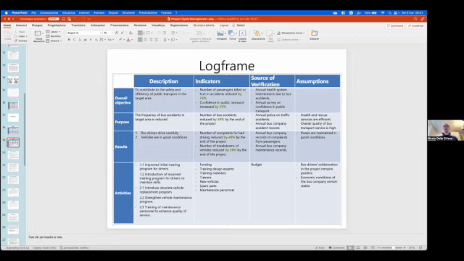Also, in this case, we have identified a source of verification, in annual bus company maintenance records. And so this will give us the possibility of having the information we need to measure this indicator.